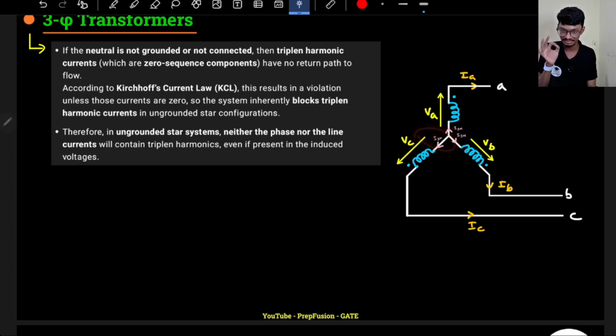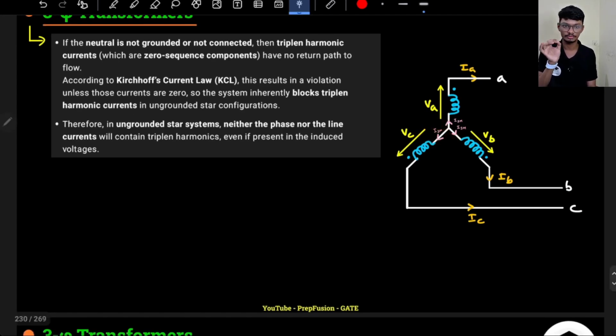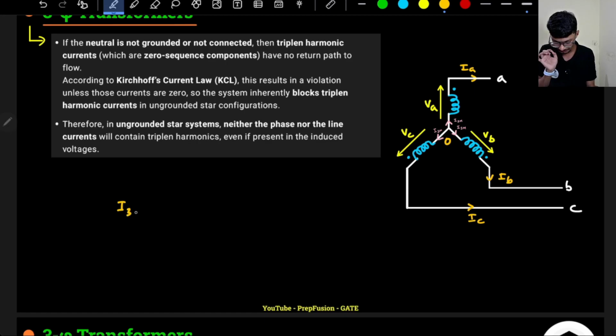Let's assume there is a magnetizing current that has a zero sequence component. That means it has a third harmonic component. So all three phases will carry a current of I3M. If the neutral is not connected, and I apply KCL at this node O, I will write I3M plus I3M plus I3M equals 0.